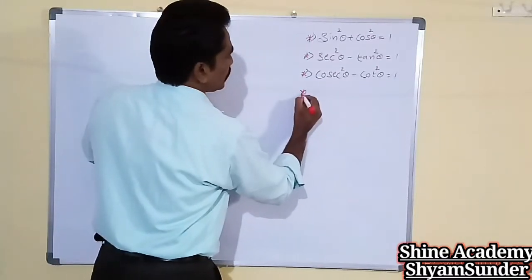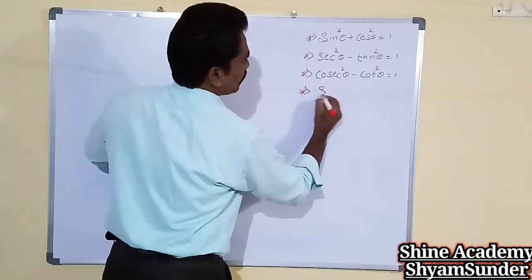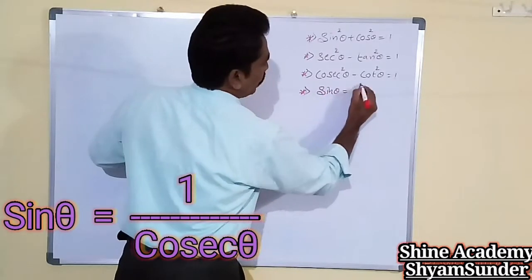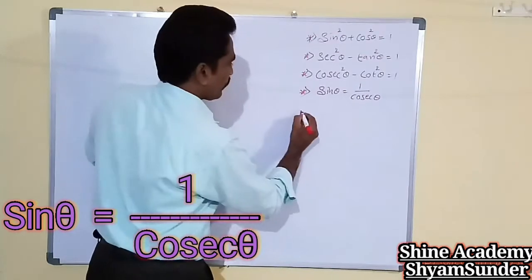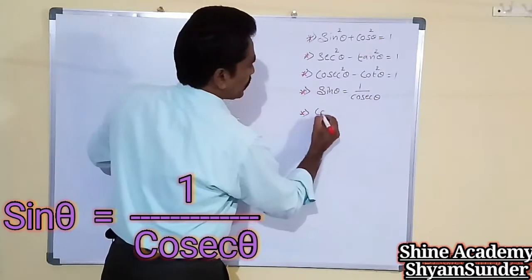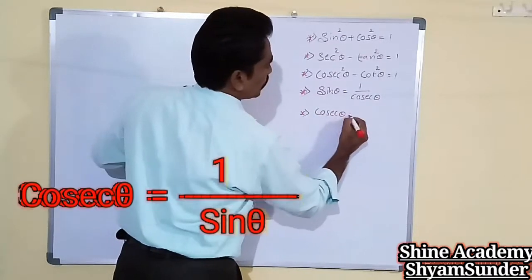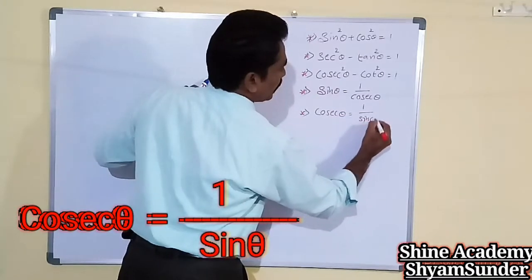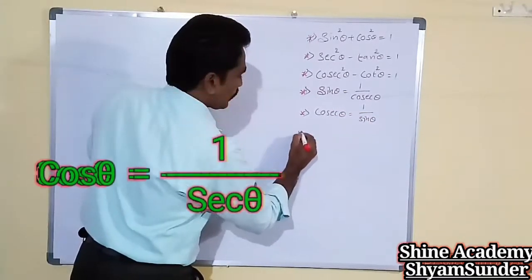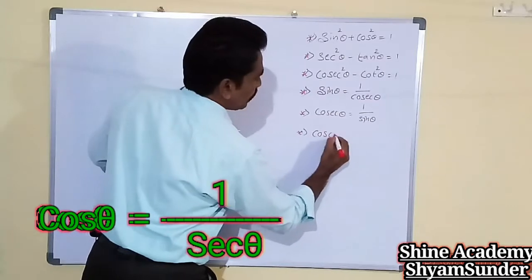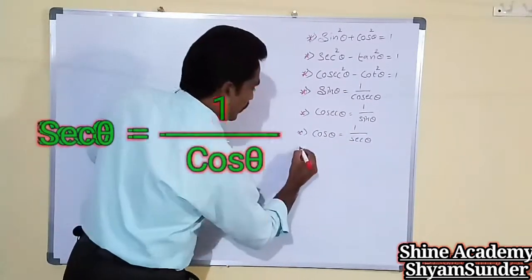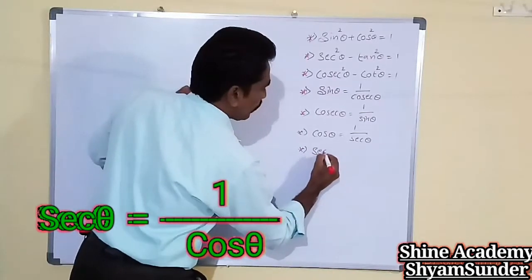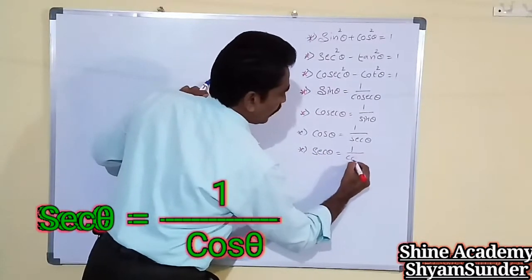And reciprocals: sin theta is equal to 1 by cosec theta, cosec theta is equal to 1 by sin theta, cos theta is equal to 1 by sec theta, and sec theta is equal to 1 by cos theta.